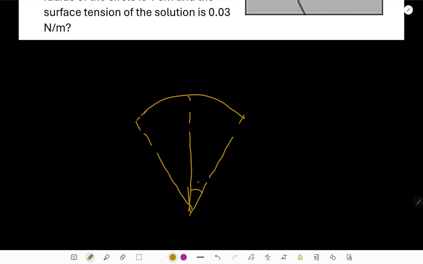That means this angle is theta, beta, anything, and this beta is quite small. And this length is ds or delta s. And this tension is in this manner, we all know.